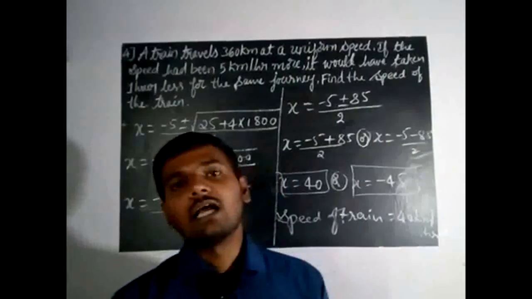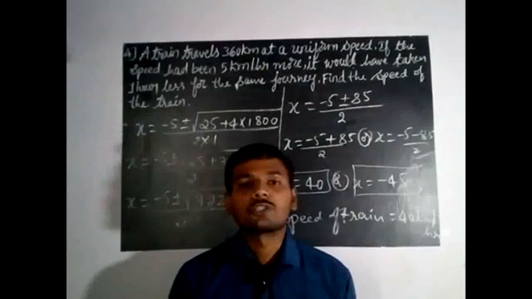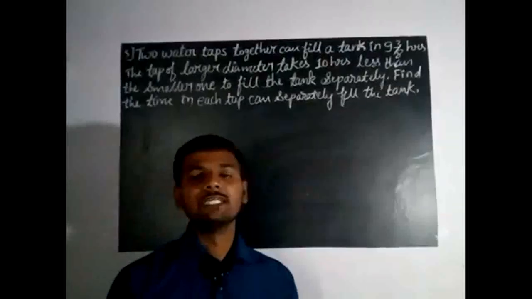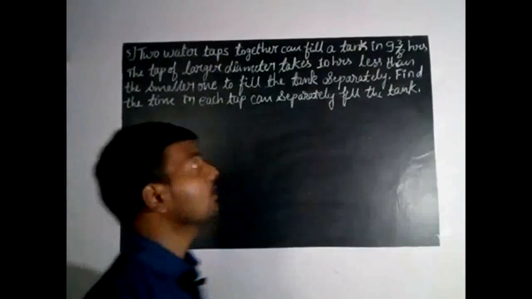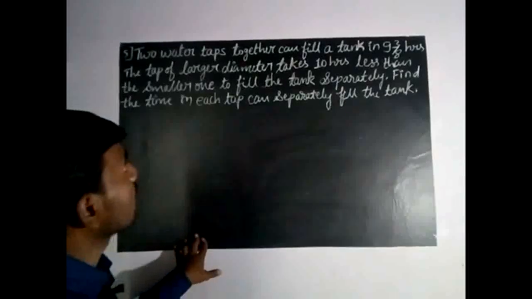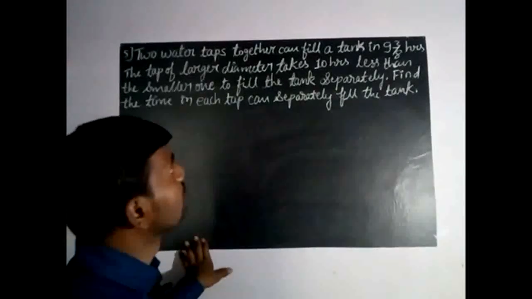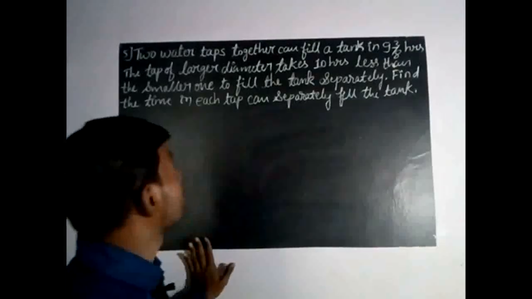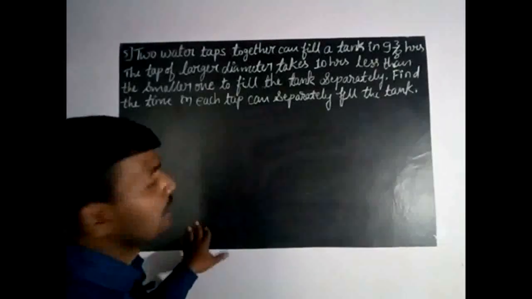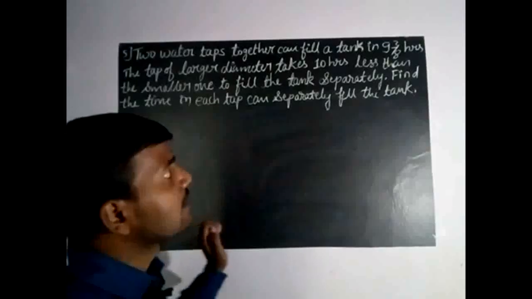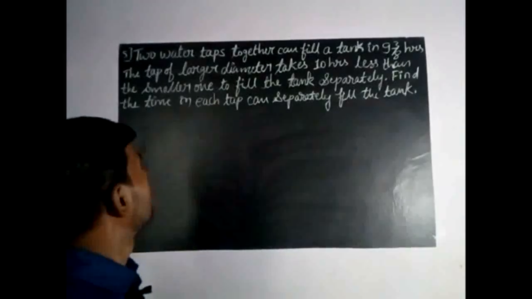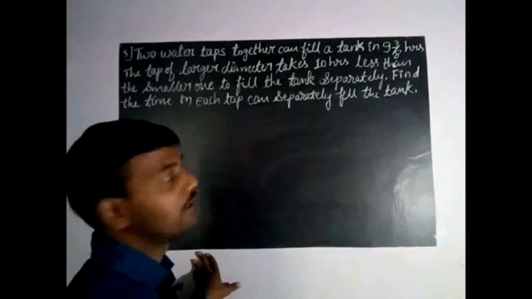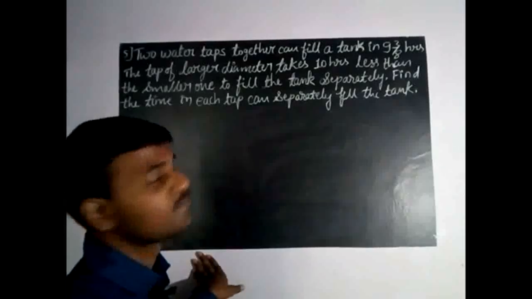Okay, and then let us discuss one more example. Let us consider the next example. Two water taps together can fill a tank in 9 whole 3 by 8 hours. The tap of a larger diameter takes 10 hours less than the smaller one to fill the tank separately.